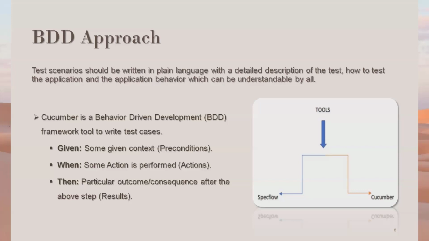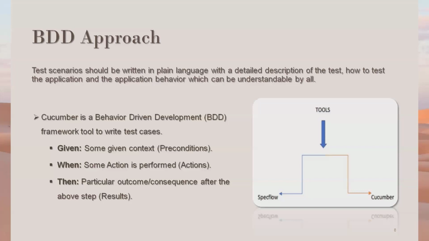Third one is the particular outcome or consequence after these steps. It will navigate to the main page. It means the user will be able to successfully log in. Generally, there are various processes running in the background. That is authentication, verification and validation. So if authentication is not received, the user won't be able to log in. It might happen the username and password is not right, or maybe an internet issue or some other issue.